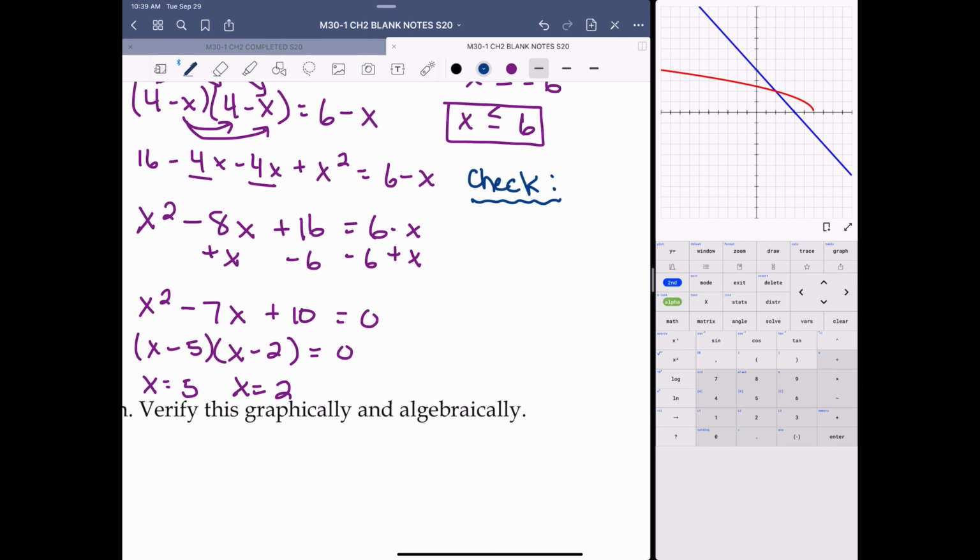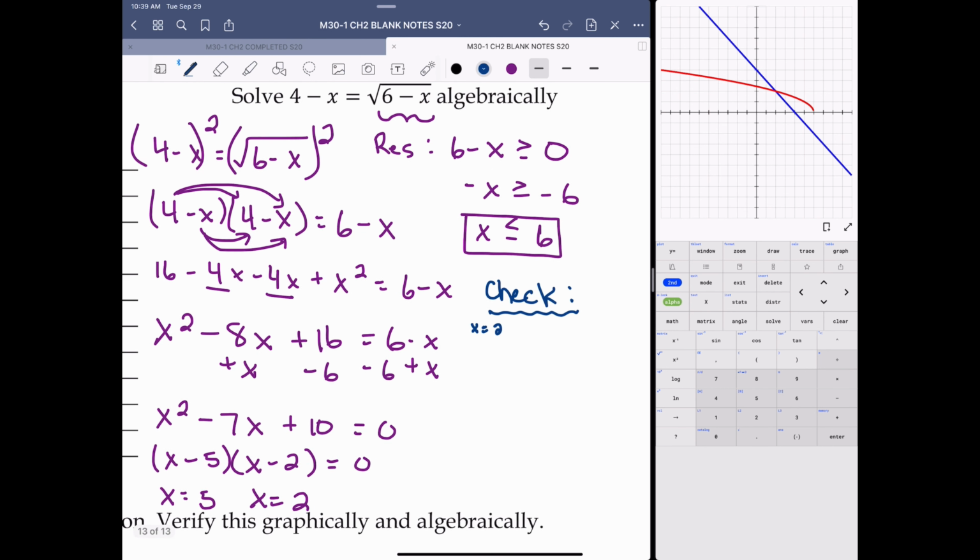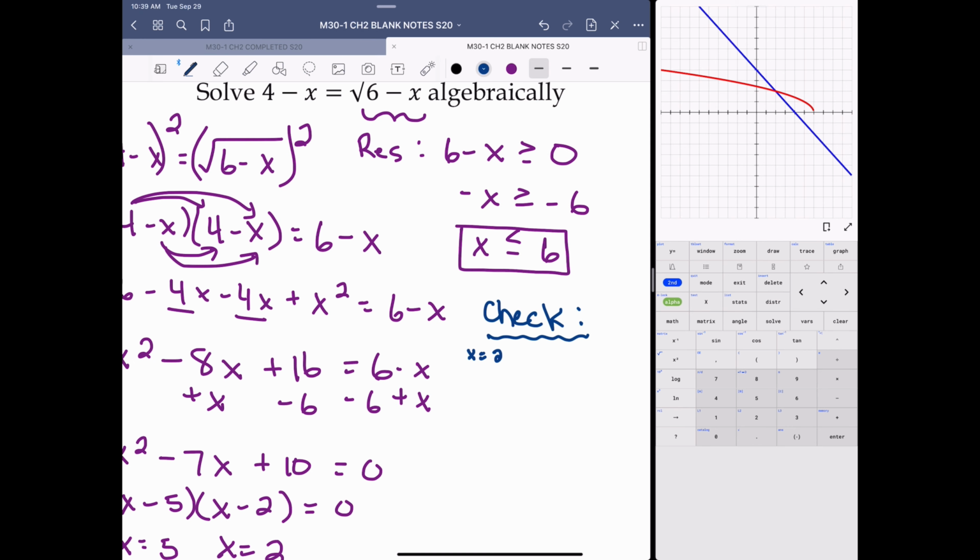Zoom in here. x equals 2, and we are plugging it into our original. 4 minus 2 equals the square root of 6 minus 2. 4 minus 2 is 2. The square root of 6 minus 2 is 4, which is 2. 2 equals 2. That's true. So we see that x equals 2 is a solution as we expected.